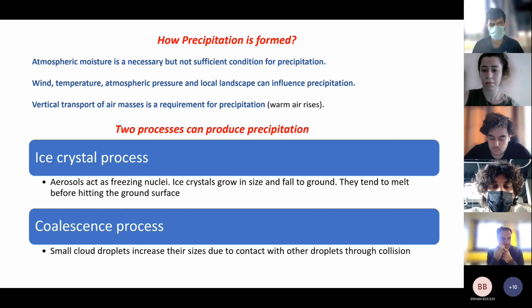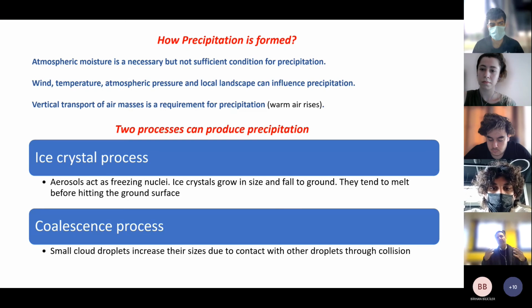It gets frozen and creates an ice crystal, and just after being an ice crystal, it gets heavy and starts to come down. It is called the ice crystal process.